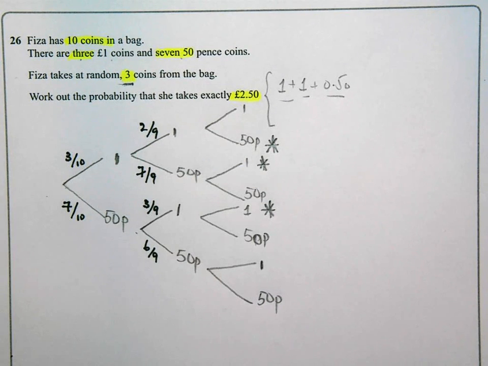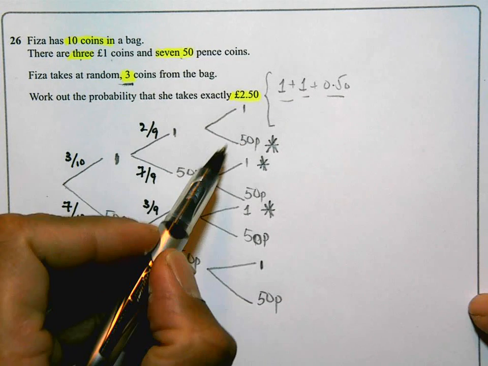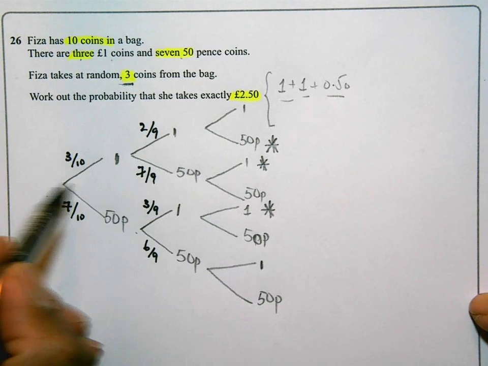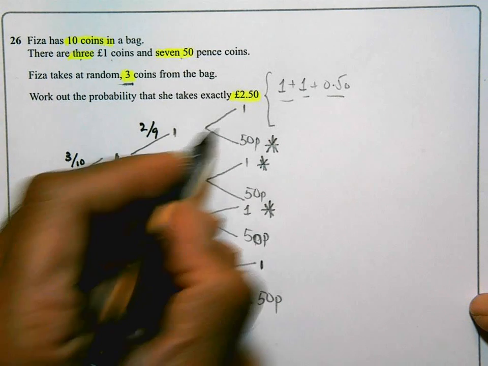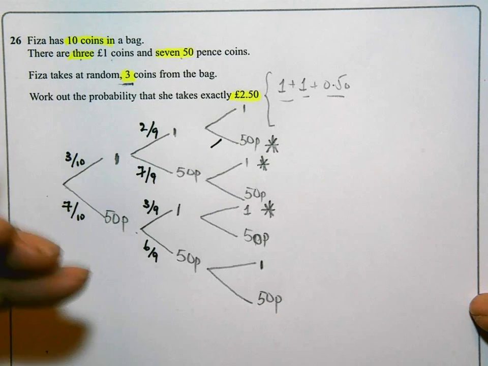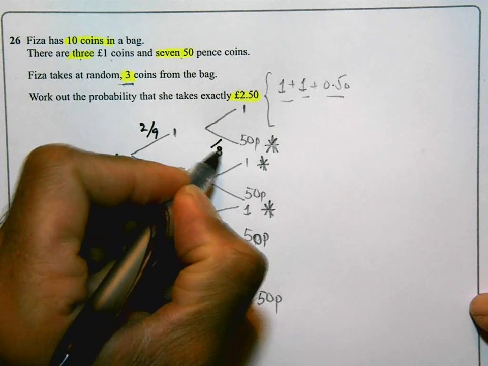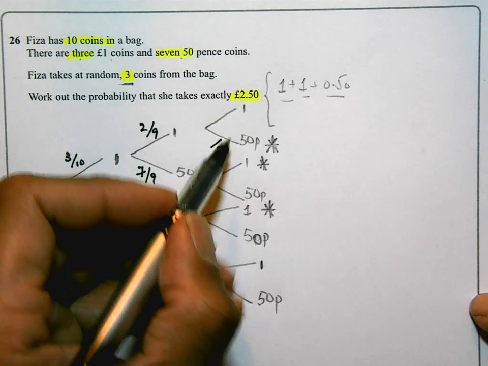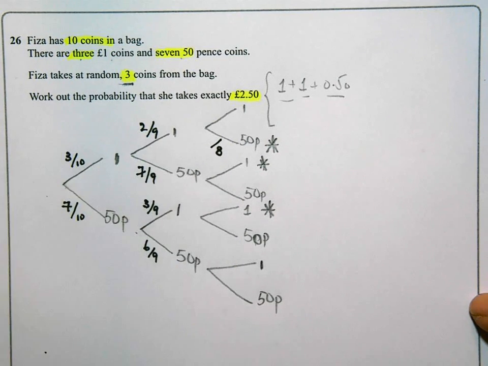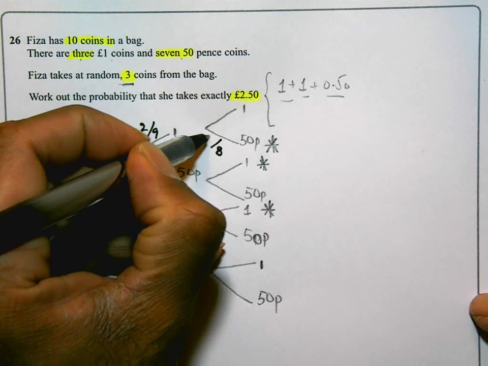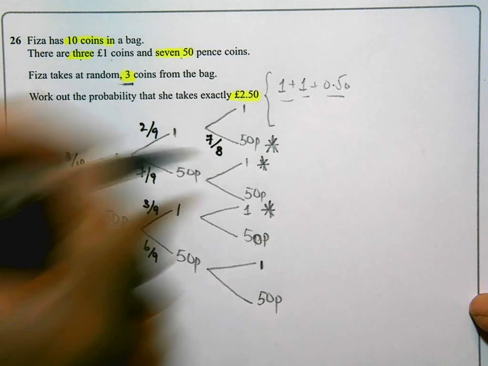If I look at how I can work out this probability, if I picked a pound on my first pick and a pound on my second, by the third pick I'm picking from 8 coins in the bag. How many 50p's are in the bag? There's still 7 50p's, so that's going to be 7 over 8, and by logic this here is going to be 1 over 8.